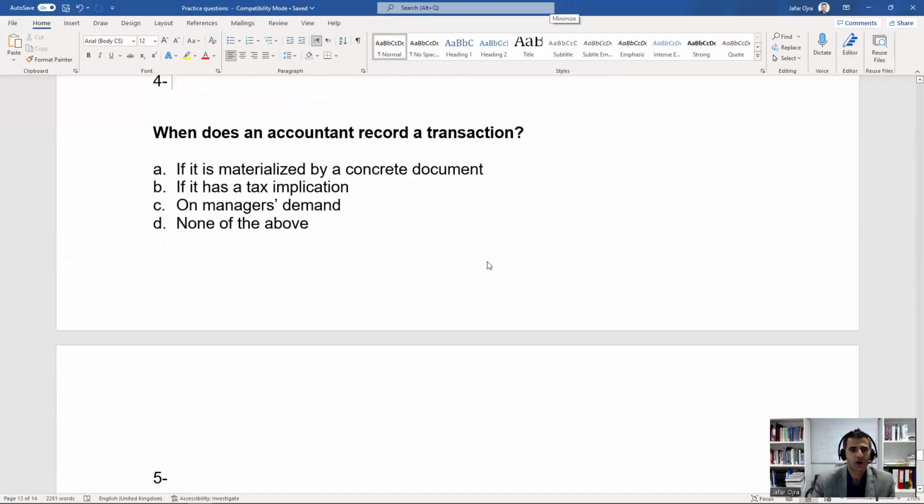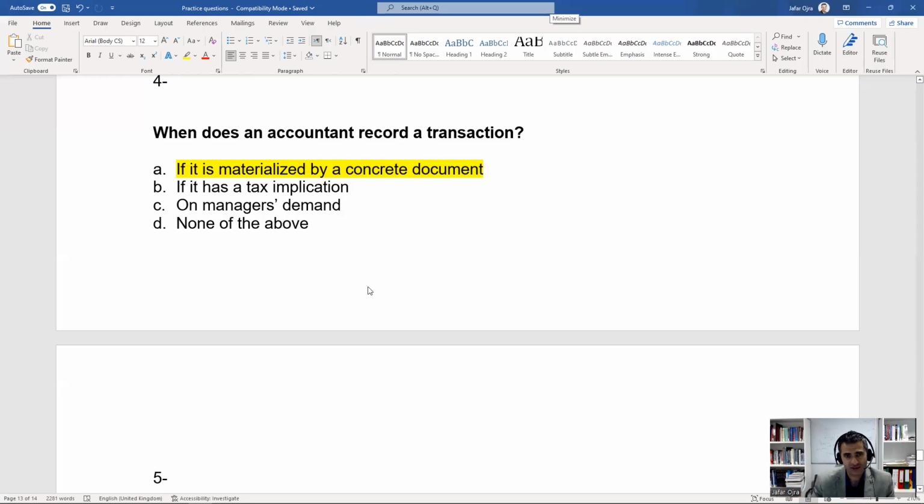Number 4, when does an accountant record a transaction? Think about it. The accountant will record a transaction when there is a monetary value, when it is materialized by a concrete document. It's not to do with tax implications or a manager's demand.